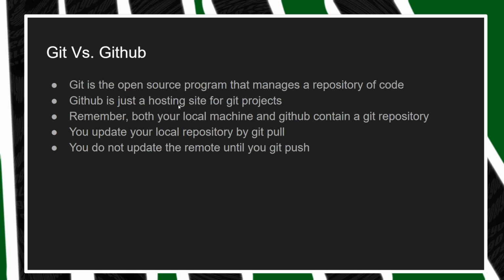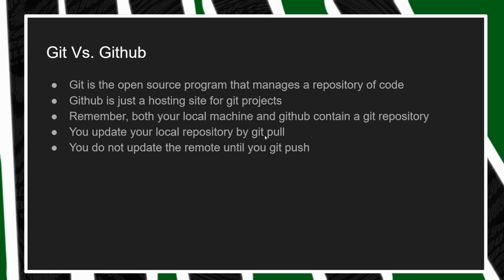So when you clone a Git repository, it does exactly what it sounds like. It takes the remote repository on GitHub and clones it to your computer. So there's both a repository on your local machine and on the remote on GitHub.